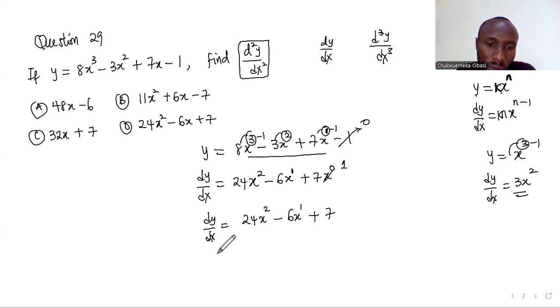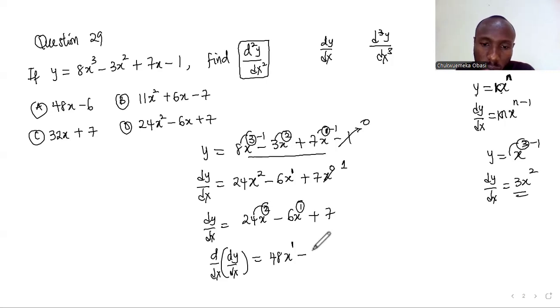If you want to differentiate the function again, you apply d dx to both sides. So d dx of dy dx, differentiating this again, you have 2 multiply 24, you have 48. Remove 1 from 2, you have 1. And in this case, 1 multiply 6, you have 6. And remove 1 from 1, you have 0.